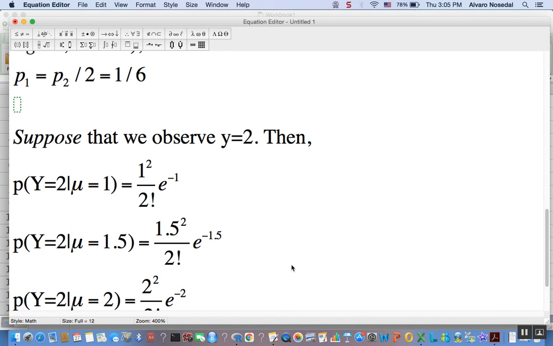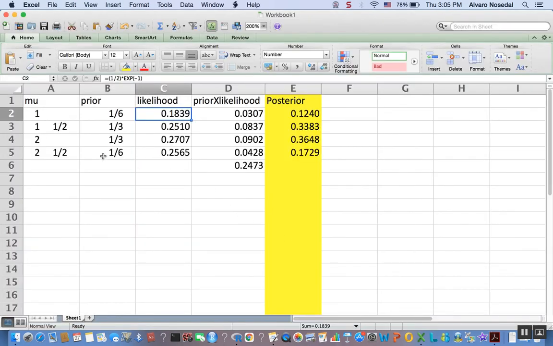We could do that using a table, to create a column with our prior probabilities and then our likelihoods. Then once we have those, it's easy. It's just a product of these. Once you have those products, you add them up, and that gives you the denominator of Bayes' theorem.